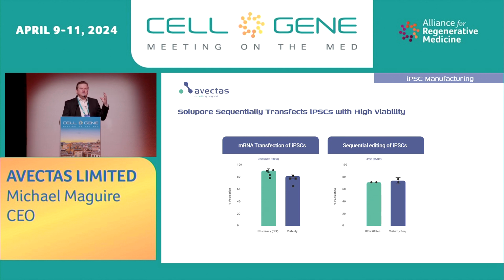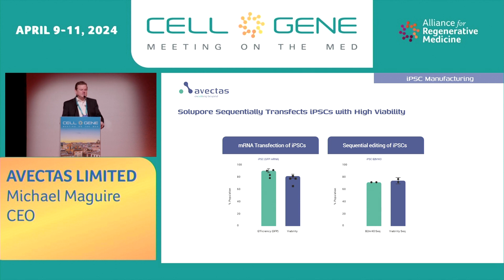So with those cells now brought into an iPS state, the second application is editing in the iPS state. Once again, using mRNA delivery on the left-hand side, we're looking at high delivery efficiency and viability of the cells which are being edited.